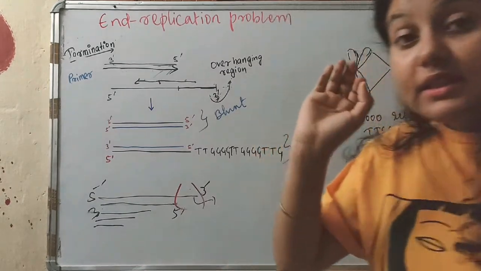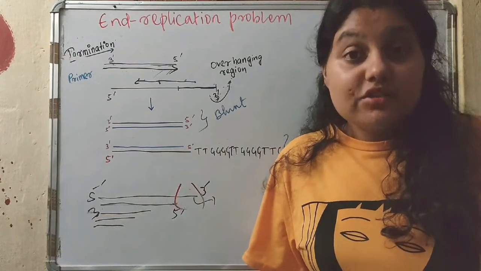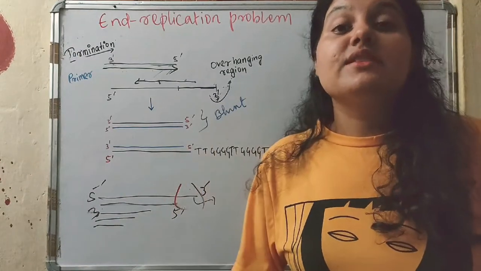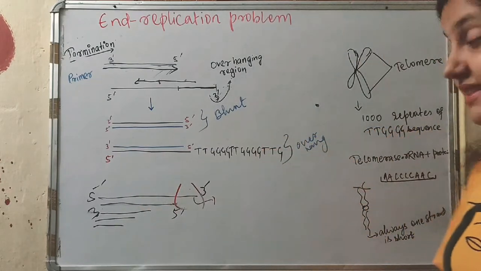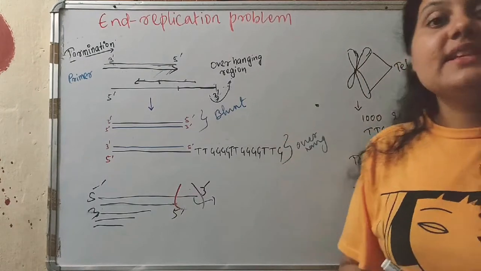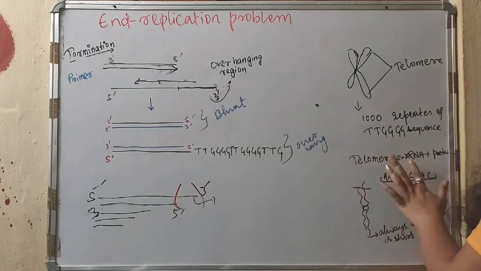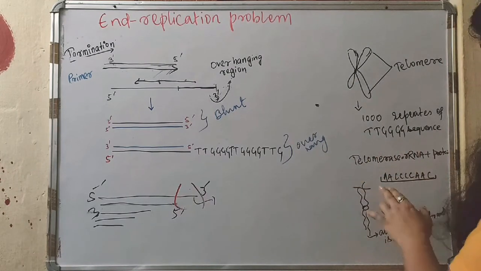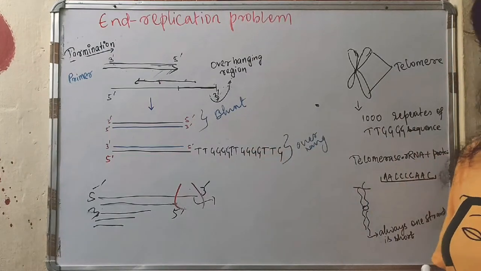But in some cells such as cancerous cells, stem cells and germline cells, there is one enzyme known as telomerase. The telomerase enzyme can avoid this happening. They avoid it because they have the complementary sequence to the overhanging sequence.